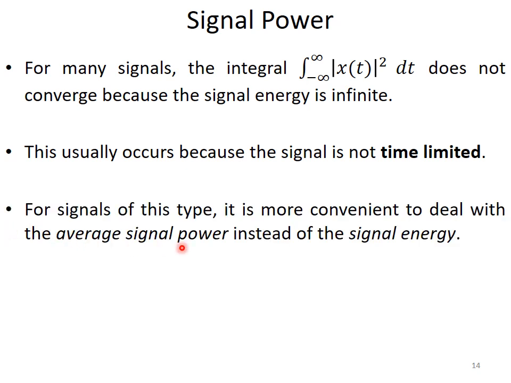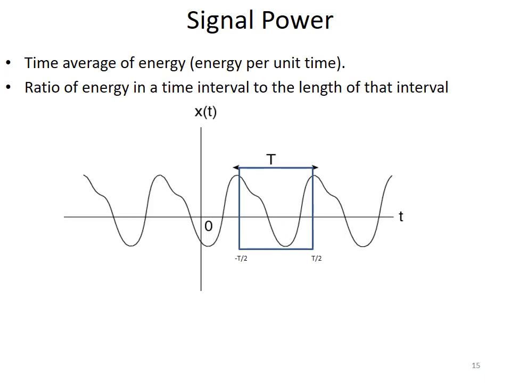So for this signal type, it is more convenient to deal with the average signal power instead of the signal energy. So computing the energy per unit time, which is called power. Now we can compute the signal power of any function which is not time limited by computing the energy of the signal for one particular time period.